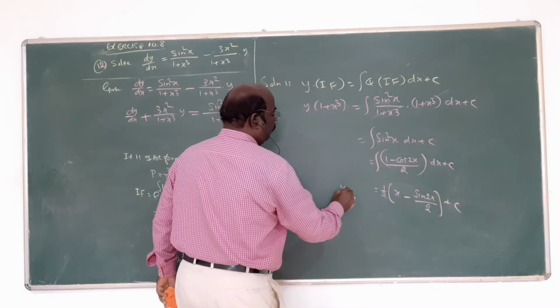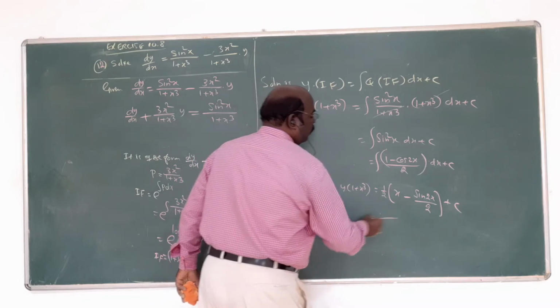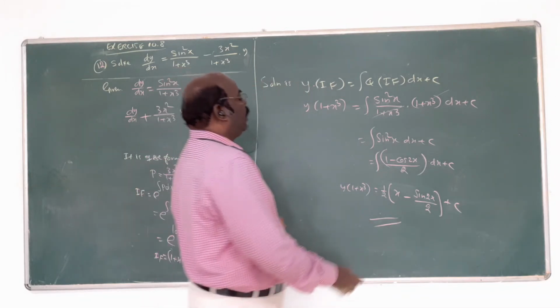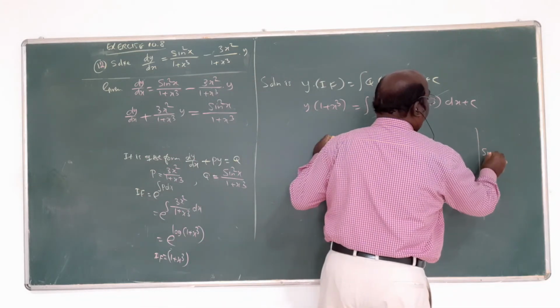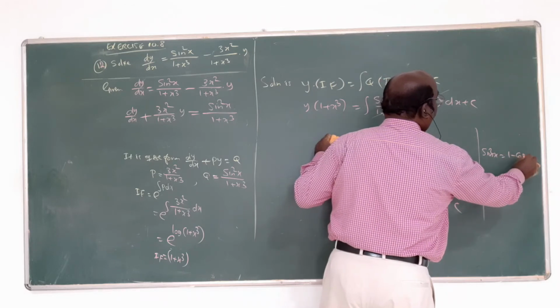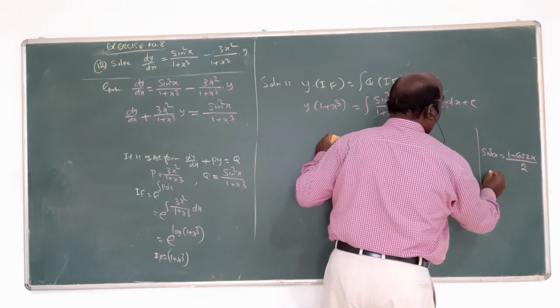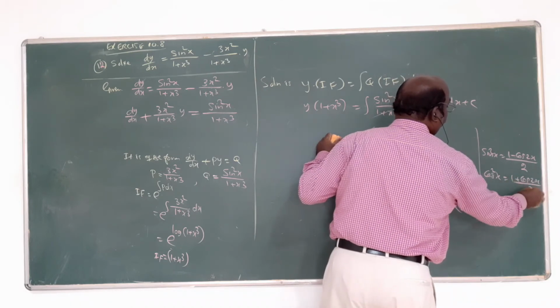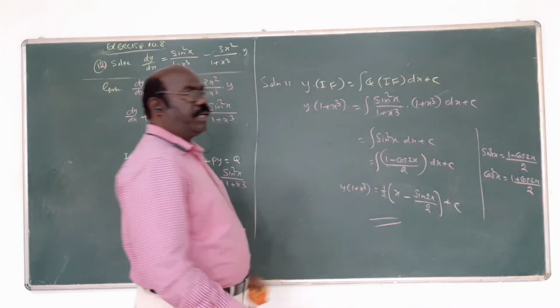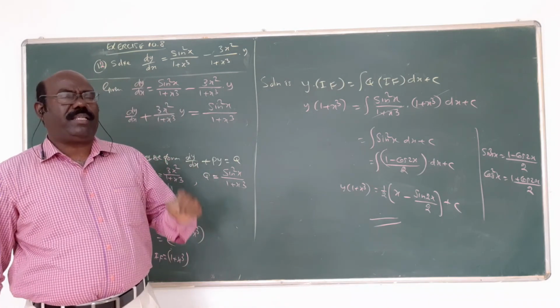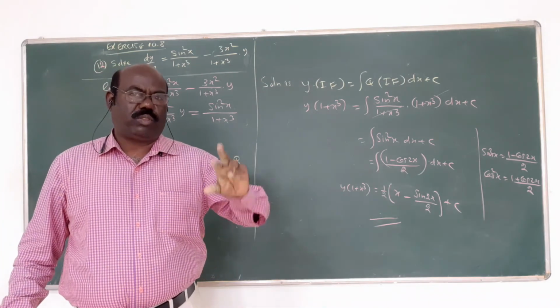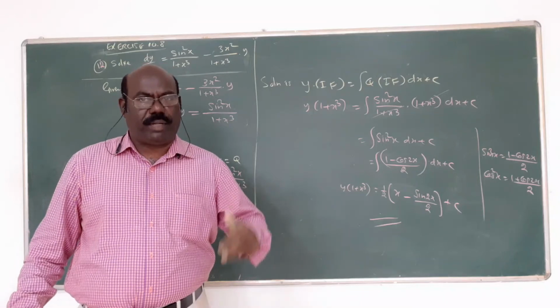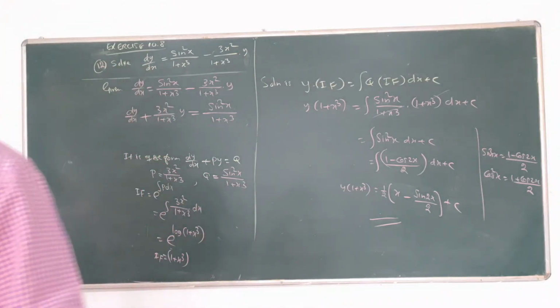That's the answer. Because there is no integral formula for sin square x and cos square x, we use the trigonometric formula and then integrate with respect to x.